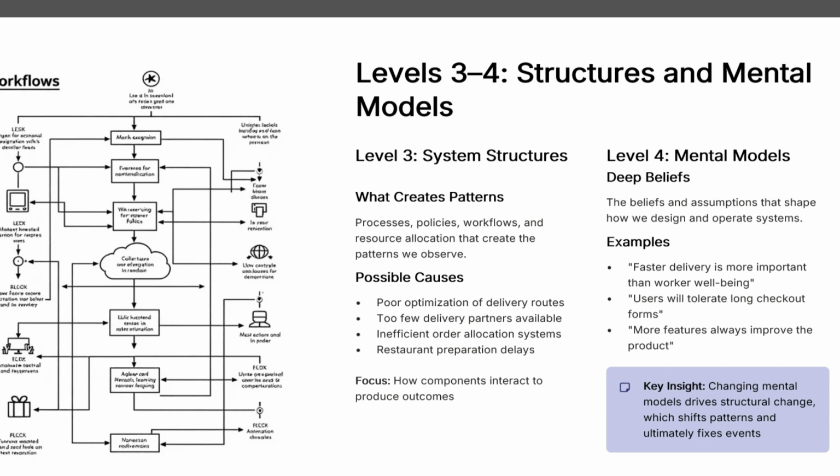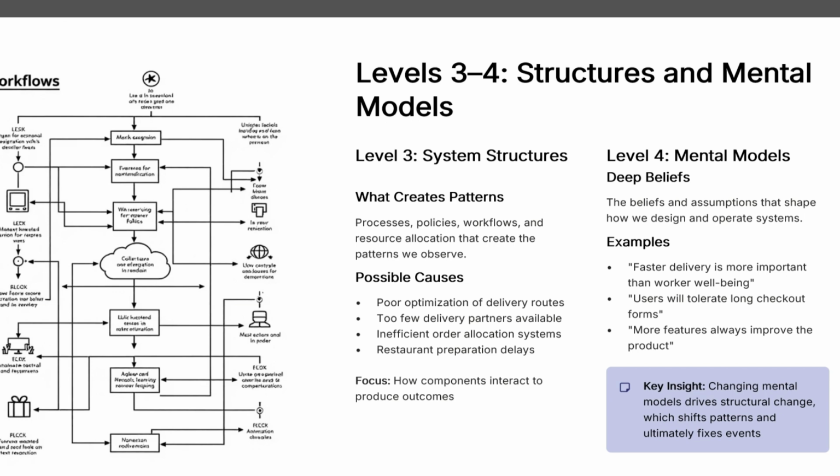So we'll have to go to the deepest root cause. More features always improve the product is also another mental belief the creator of the user interface might have, or users will tolerate long checkout forms. And the restaurant owner might have beliefs like fast delivery is more important than worker well-being.